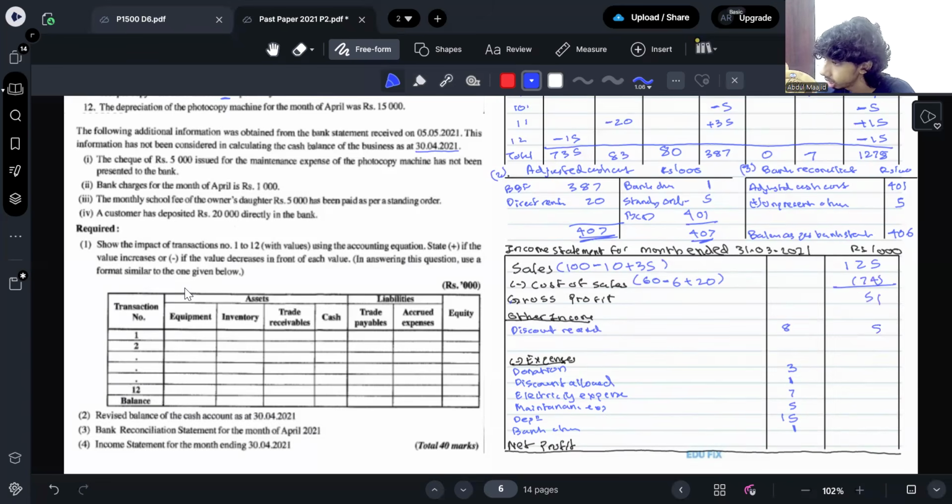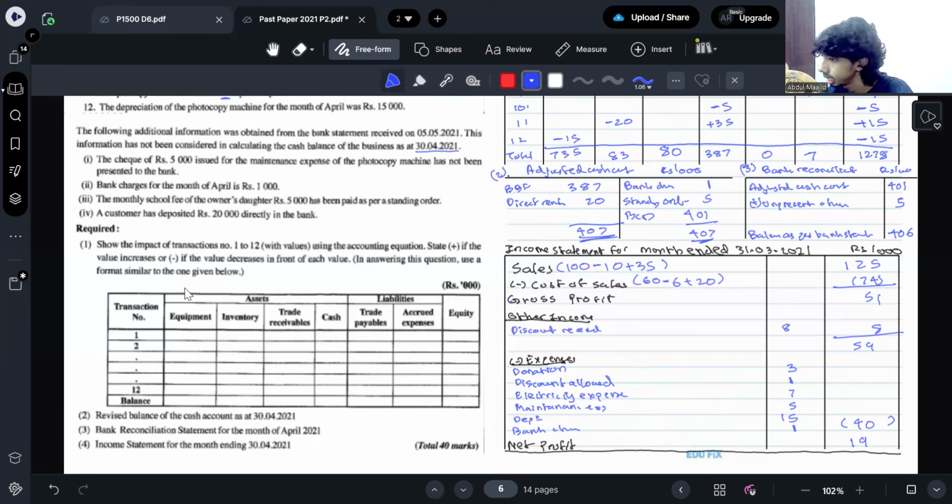For that you have to add the other income of 8. 51 plus 8, 59. Then you have to deduct the total expense. 8 plus 3 plus 1 plus 7 plus 5 plus 15 plus 1. That is 40. Then 59 minus 40, net profit is 19,000. Have I missed something?